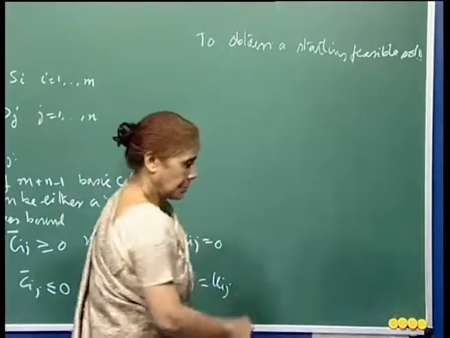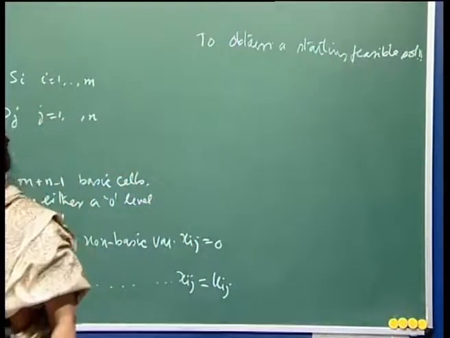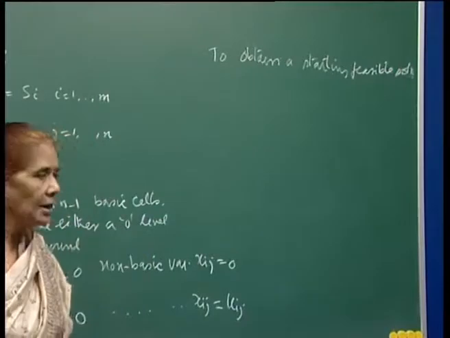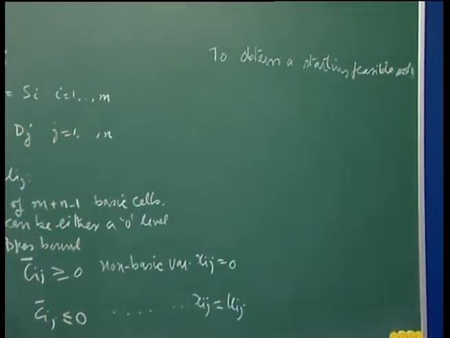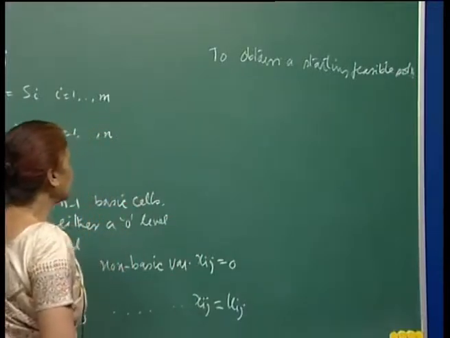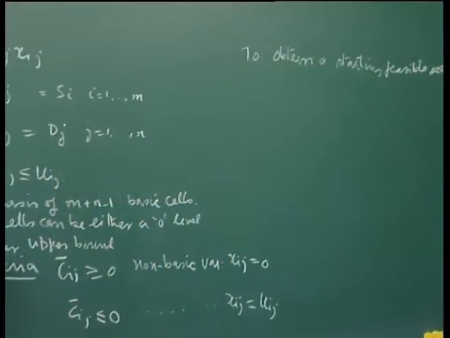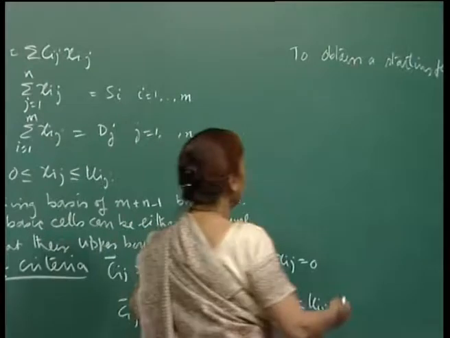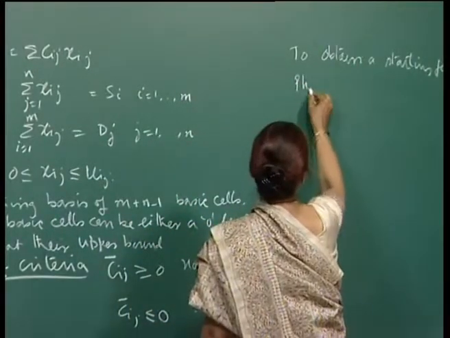There are different methods, and later on I will give you a method which I consider very neat, but we will have to wait for it because we still have to discuss that class of problems. That will help us obtain the starting feasible solution, but here of course we can take recourse to phase 1.